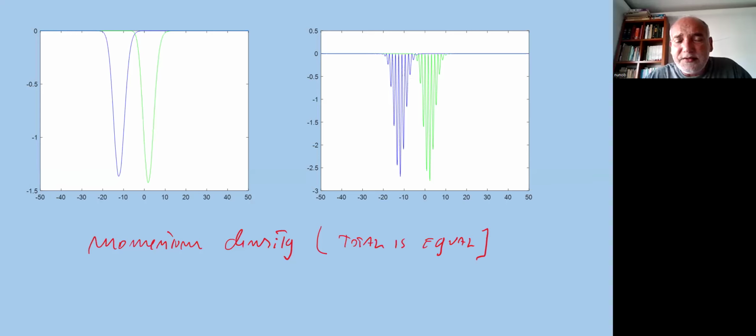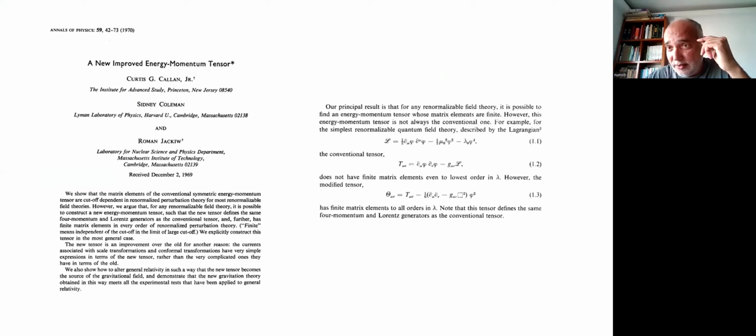And these things about being able to choose different energy momentum tensors, apparently there are other people who are aware of that and even use that. You see this paper by this renowned gentleman, they do precisely that.